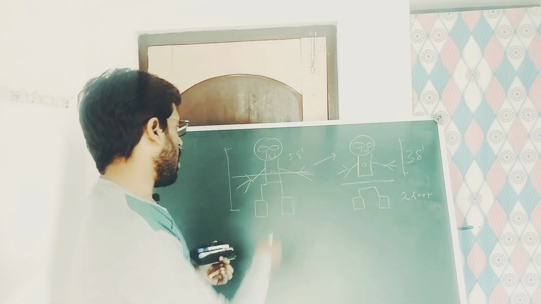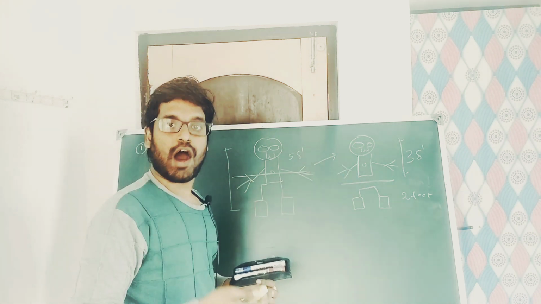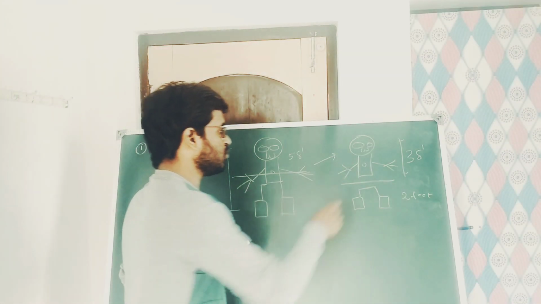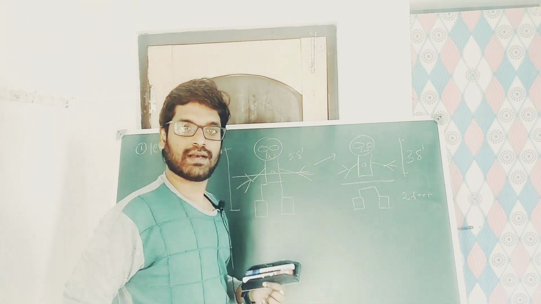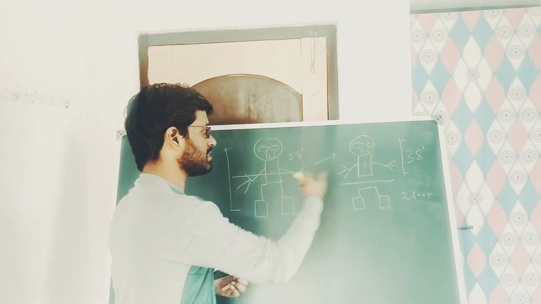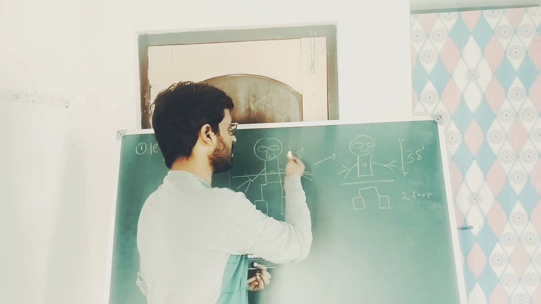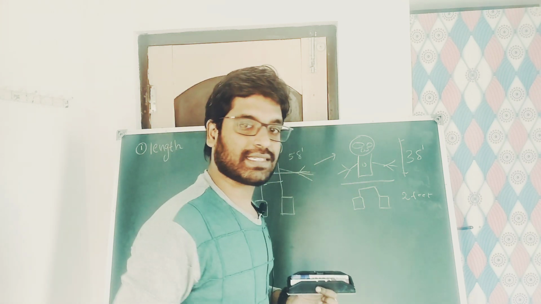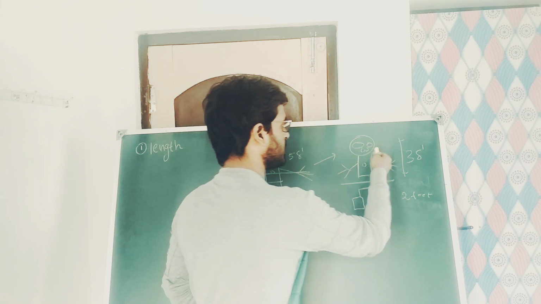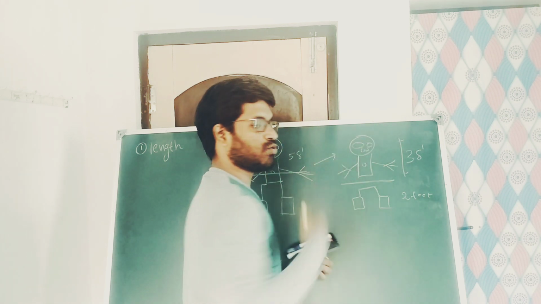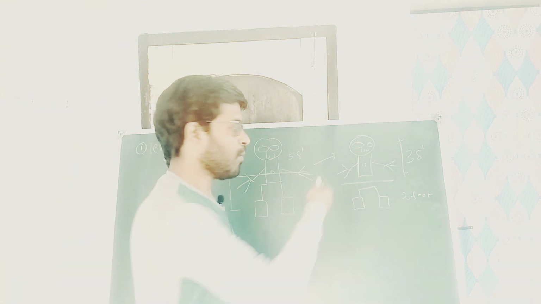But after bisection, after division, you have two parts here. That means this property depends upon the size, right? Initially you have 5 feet 8 inches, but after bisecting, it is two parts. This part is 3 feet 8 inches, this is 2 feet. That means the property is changing.